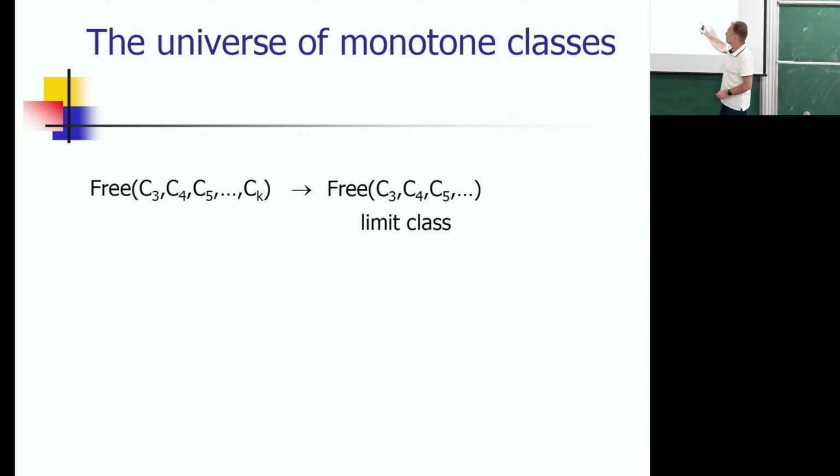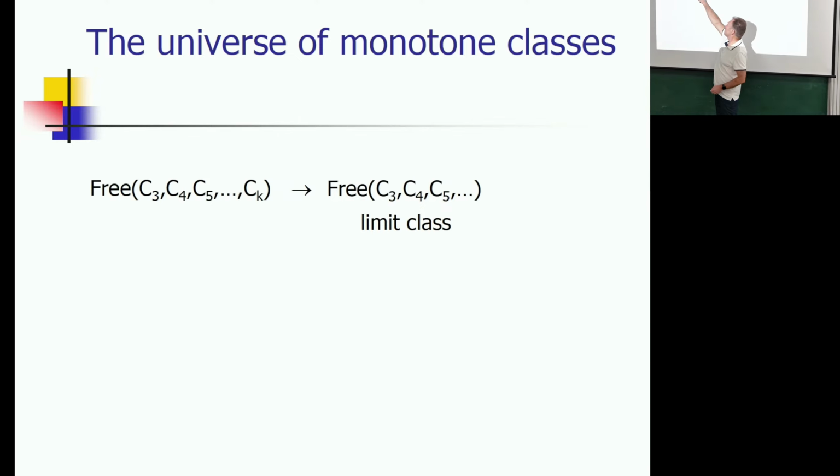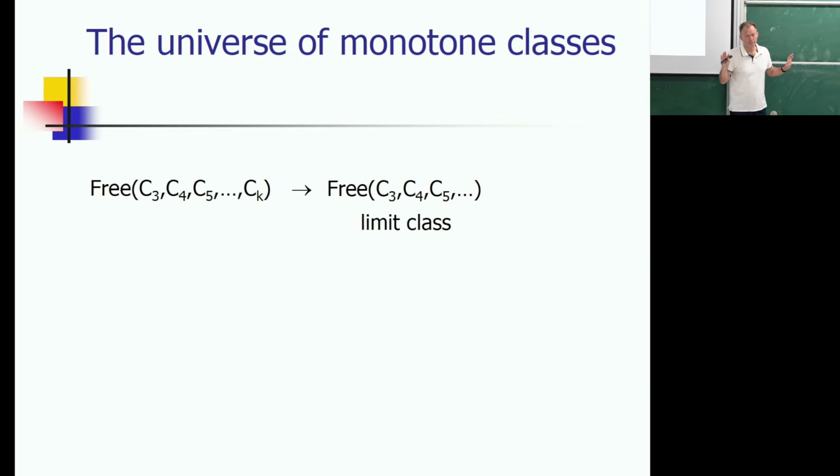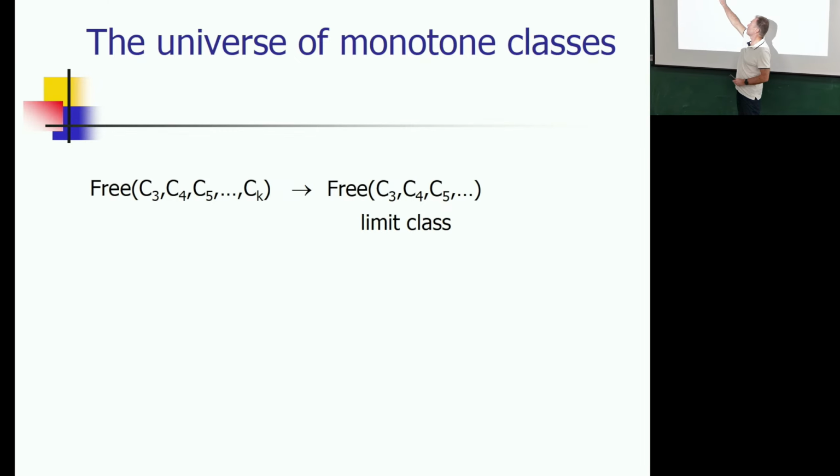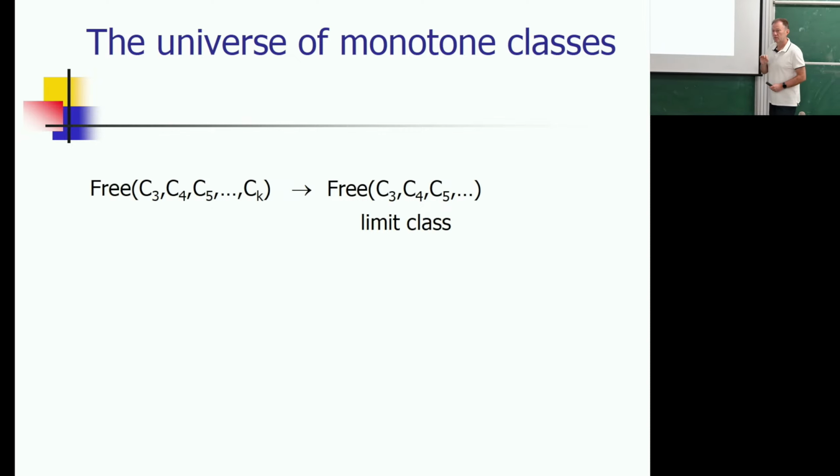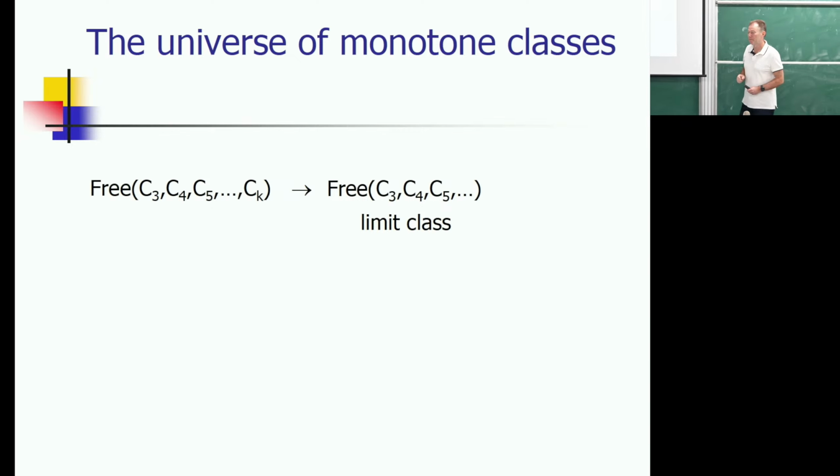And for each class in this sequence, the chromatic number is unbounded, but in the limit class, it is bounded by 2. So in this sequence of graph classes, there is no minimal class of unbounded chromatic number.